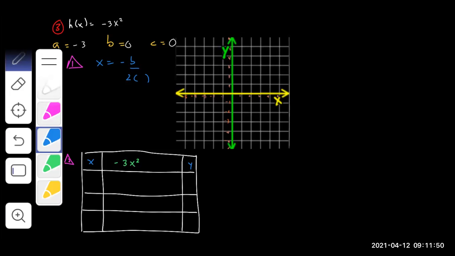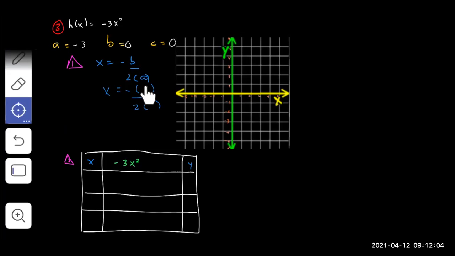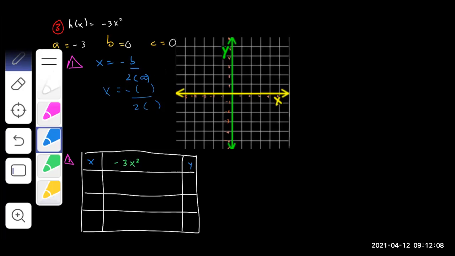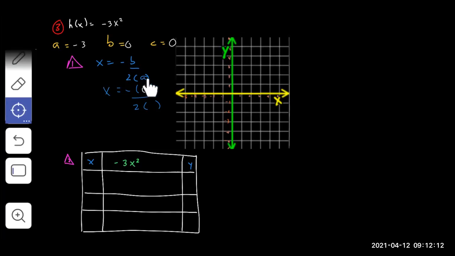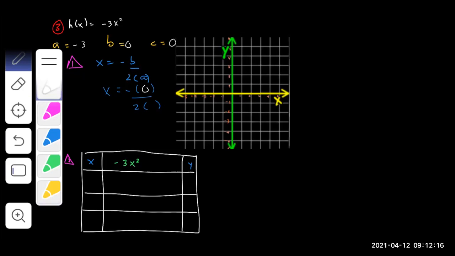The formula, guys, is x equals negative b over 2a, right? Sorry, I forgot to put the a here. What is b, guys? 0, right? 0 divided by 2a. What is the value for a? Negative 3.